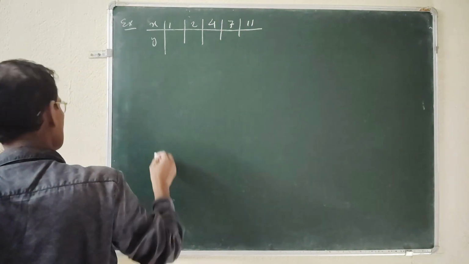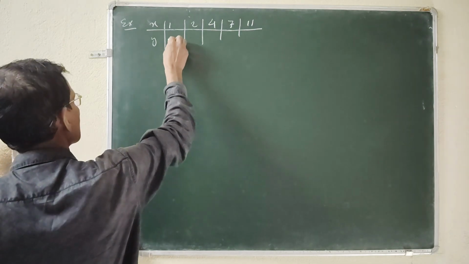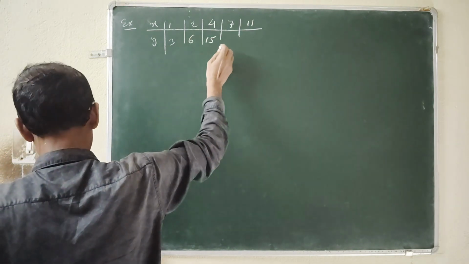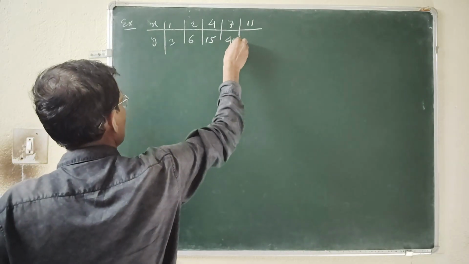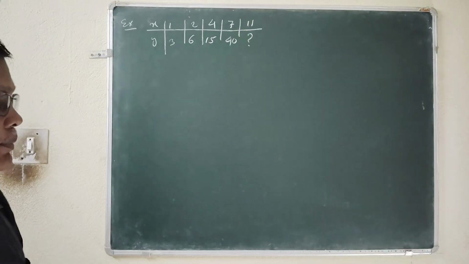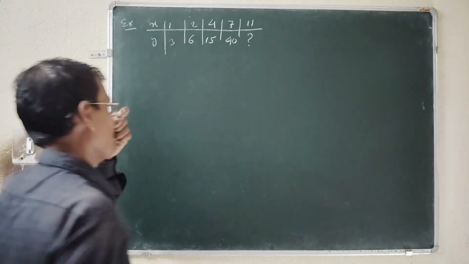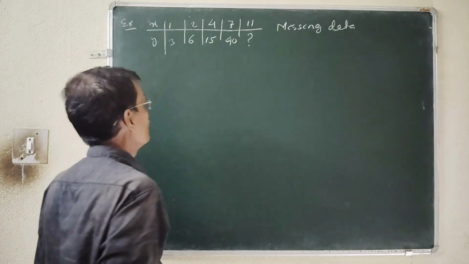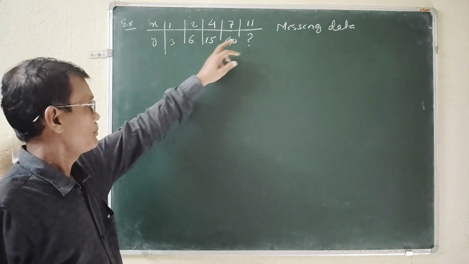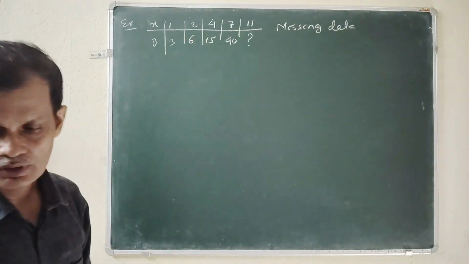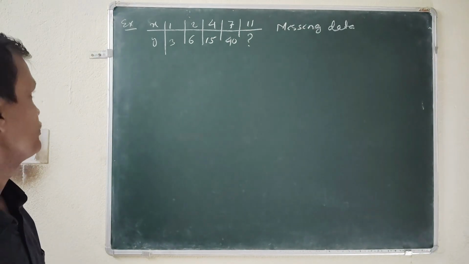And y is 3, 6, 15 and 40, but the last value is not given. This type of problem is called missing data. If this is the set of data, for 11 we have to find the value of y. Let us see how we solve it.